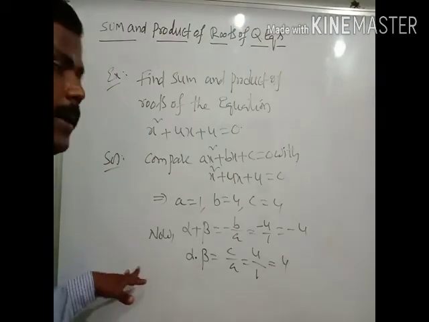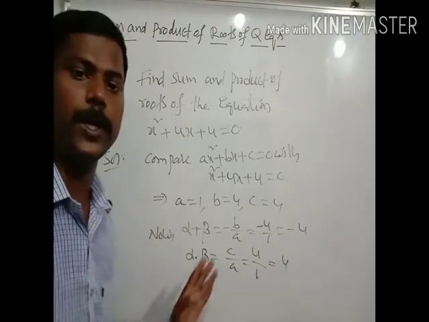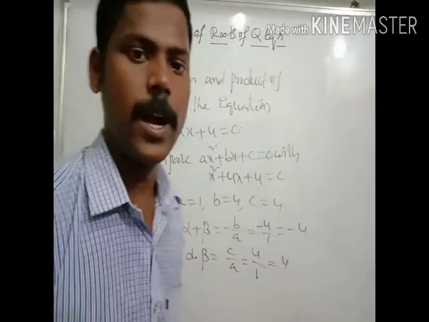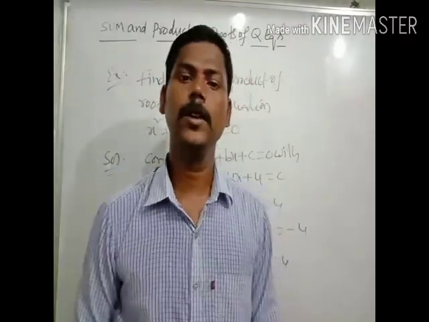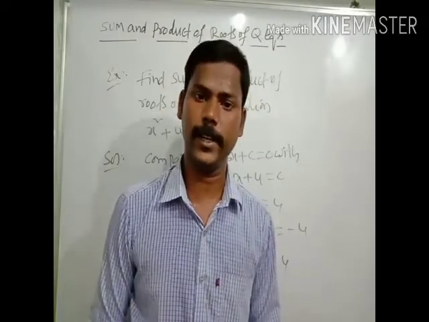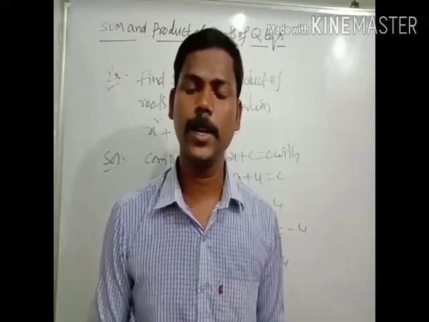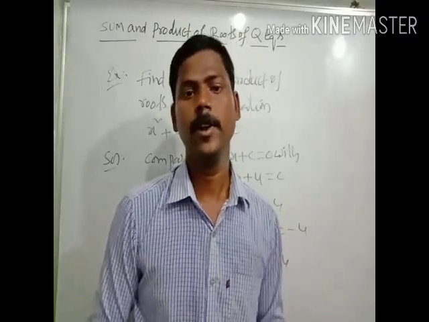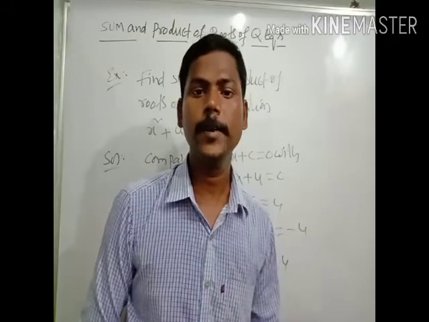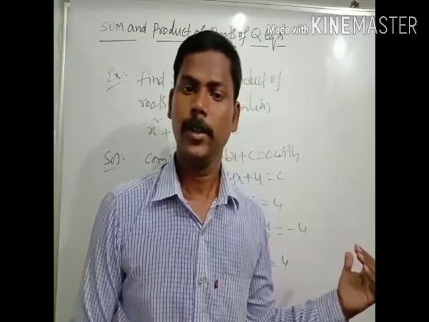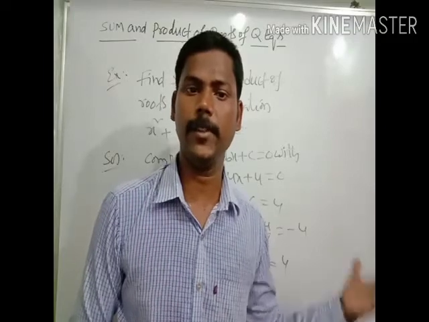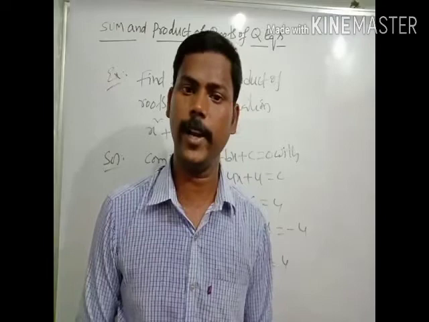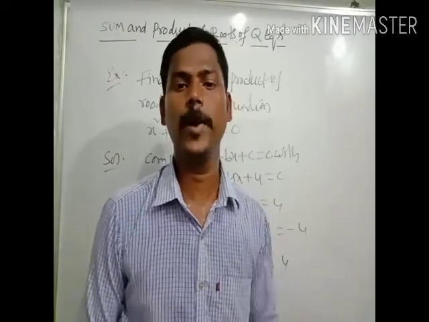So, like this, we can find the sum of the roots and the product of the roots of a quadratic equation. Are you understanding how to solve sum and product of the roots by using the formulas? Sum of the roots, alpha plus beta equal to minus b by a. Product of the roots formula, c by a. So, to solve the equation, first compare the equation with ax square plus bx plus c equal to 0, write down the a value, b value, c value, and substitute in the formula.